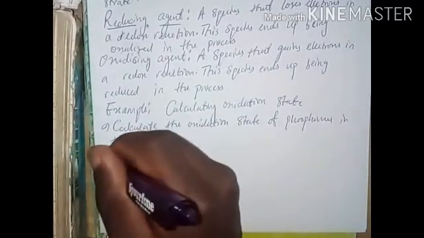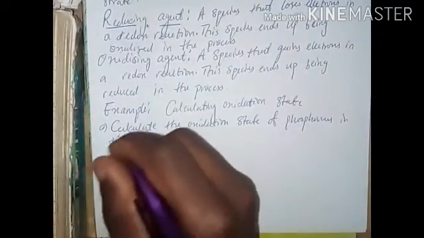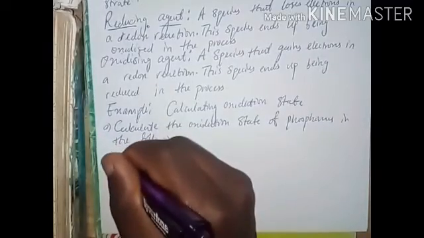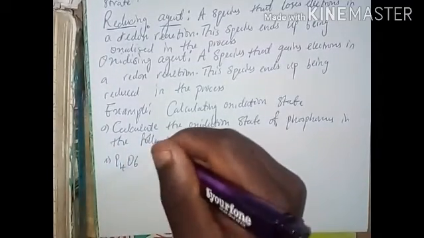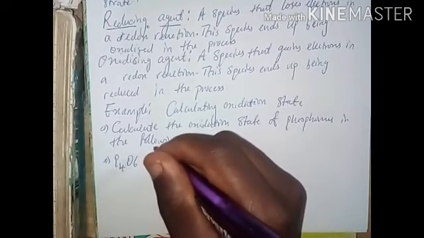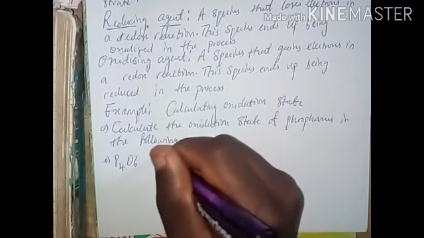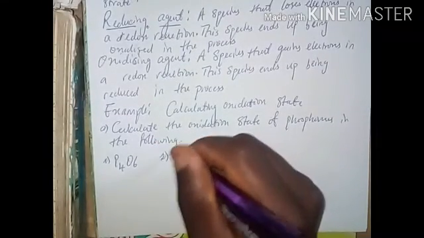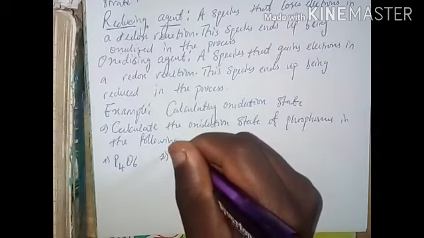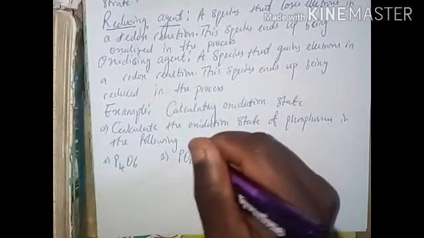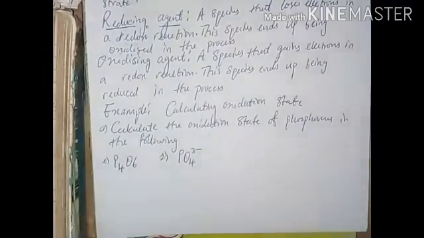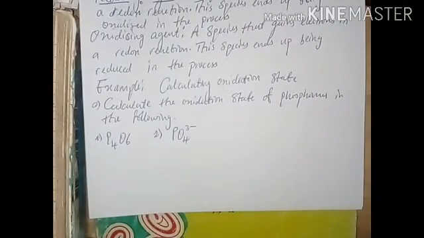We have, 1, phosphorus hexaoxide, and 2, an ion of phosphorus. We have these two examples, a compound and an ion.